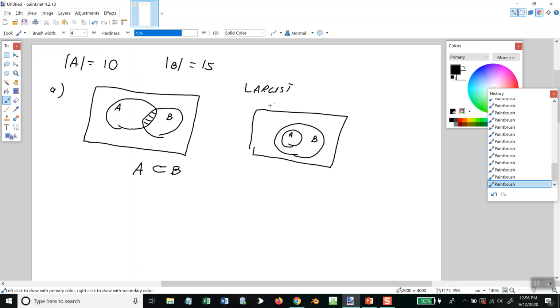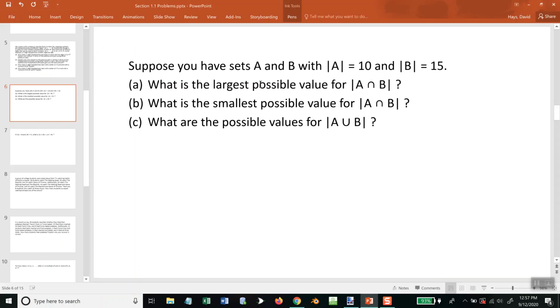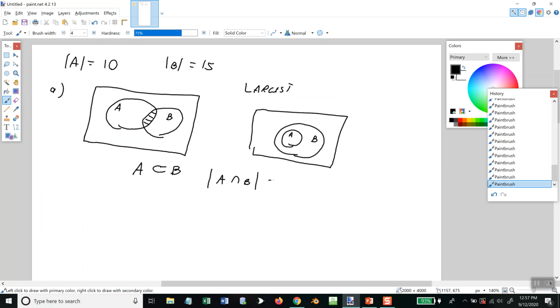So they're never going to be equal to each other. Okay. Well, if every element of A is in B, then the cardinality of the intersection, in terms of finding the largest possible value, is going to be equal to the cardinality of A, which is going to be 10. And that'll be our answer.